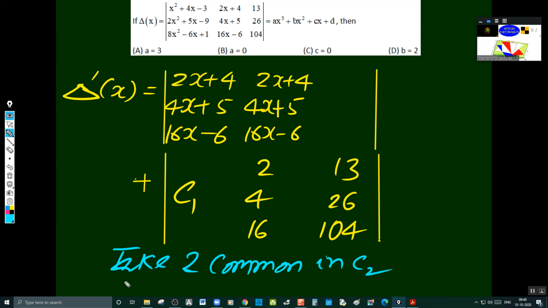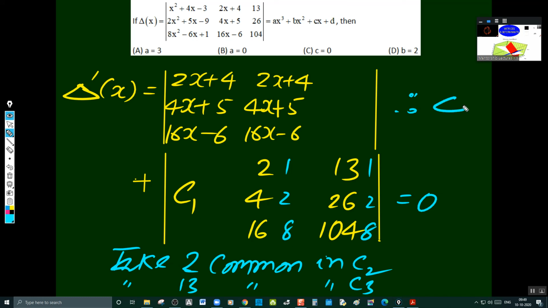Take 13 common in C3. So obviously this is 1, 2, 8, this is 1, 2, 8. So it is also 0. Therefore delta dash x is 0, which means delta of x is a constant.